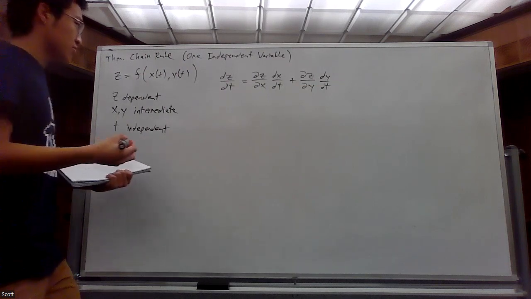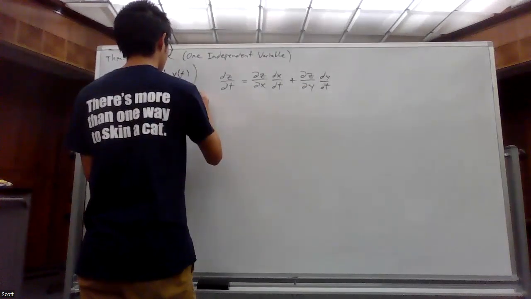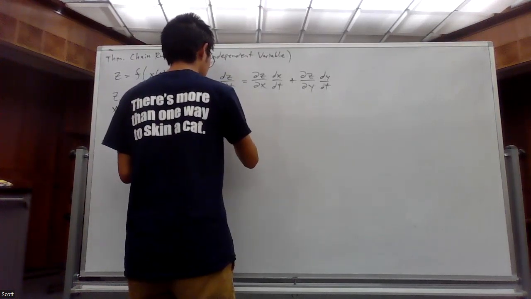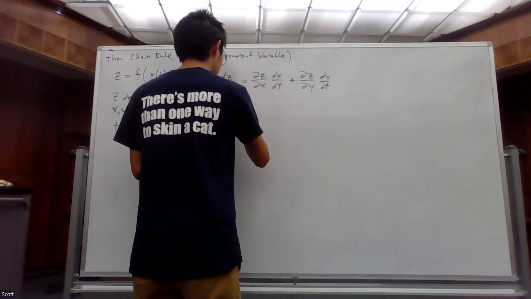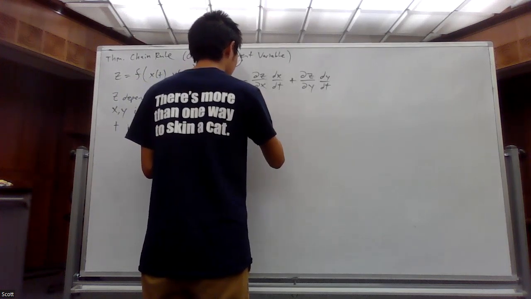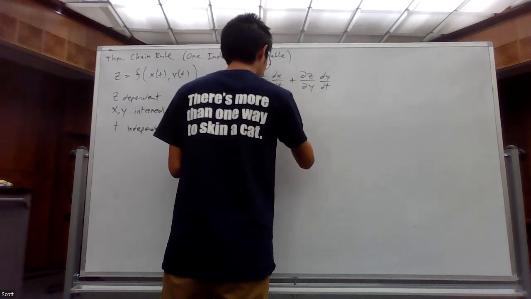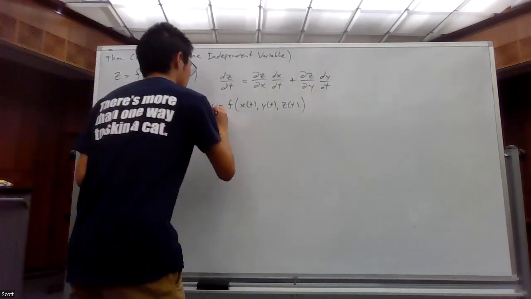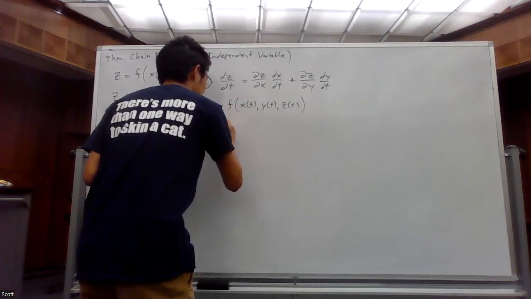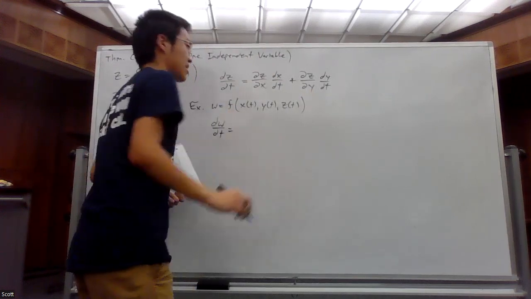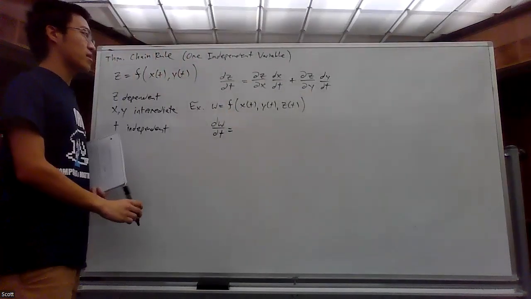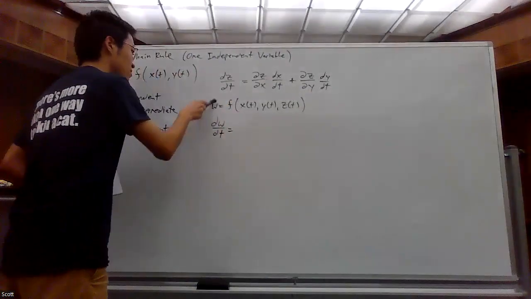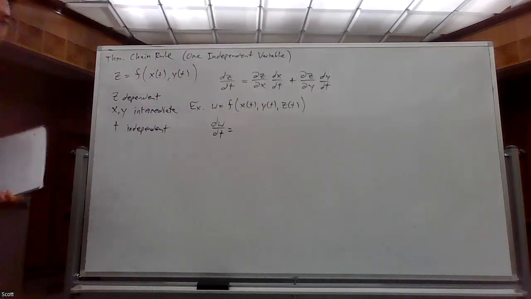So let's make sure we actually understand this idea. And let's extend the idea. So now if I have some function w, I'm defining it as x of t, y of t, z of t. I want everyone on their own paper to write what regular dw dt should be. Write out the chain rule formula, mimicking the pattern here. Everyone gets turned from w and sourced all the way down to t.